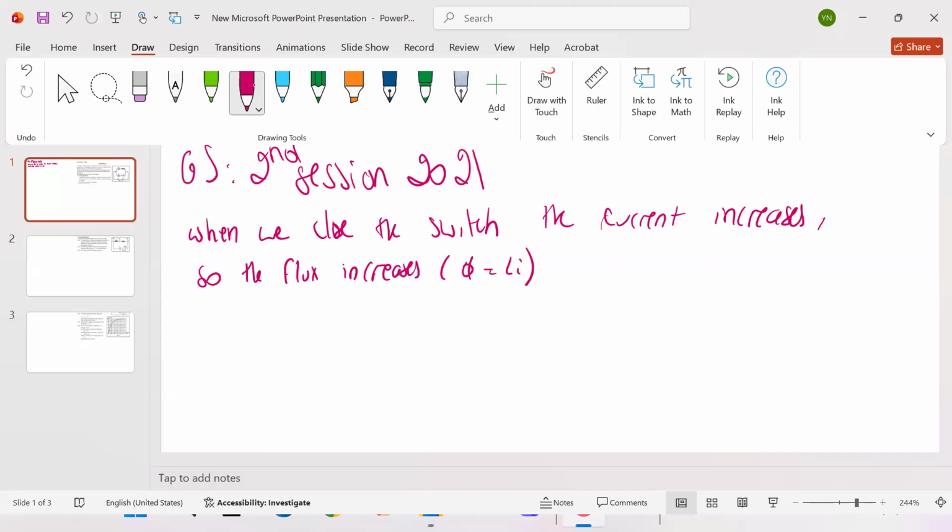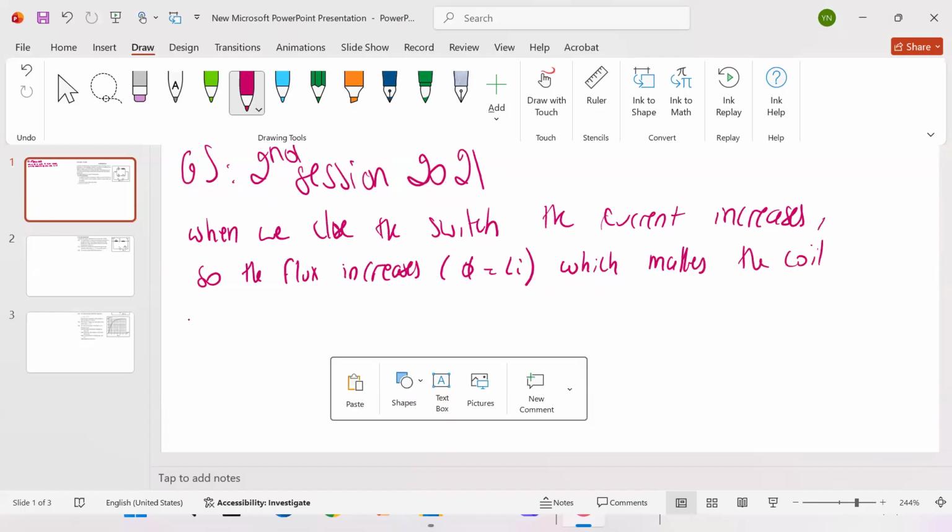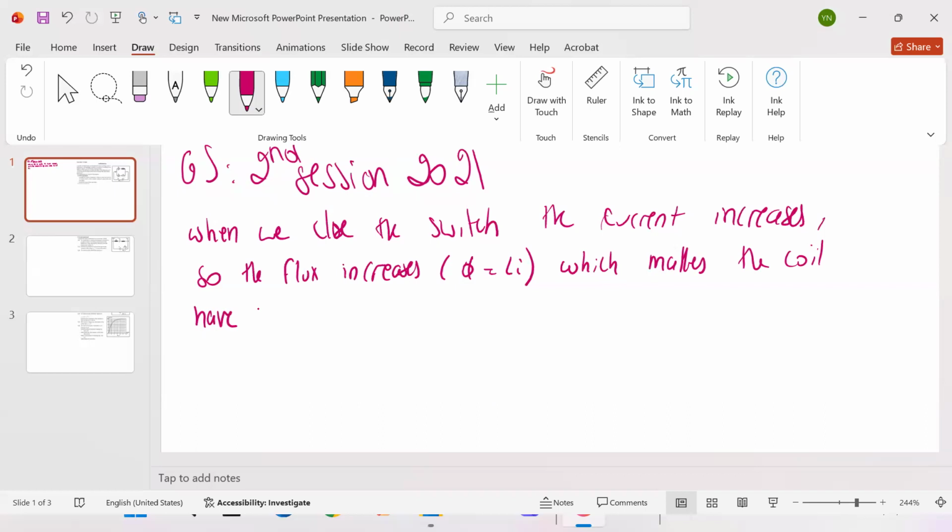The variation of the flux will help the coil create around its poles an induced EMF, which makes the coil have on its poles an induced EMF.